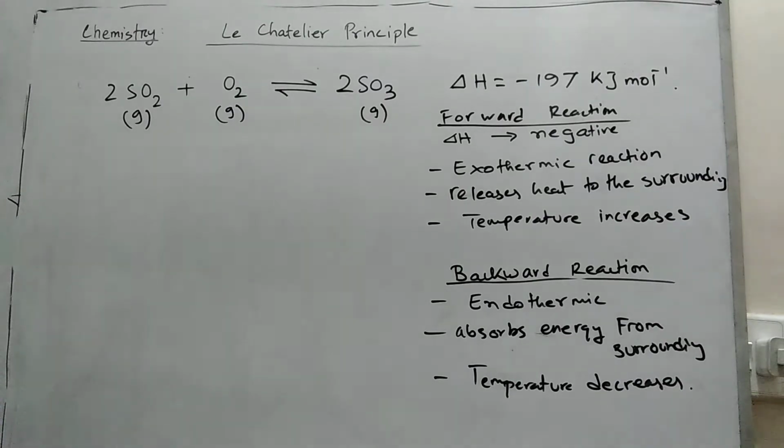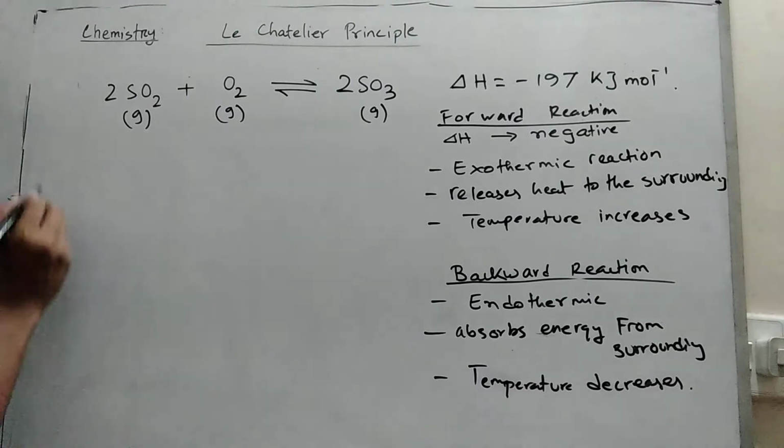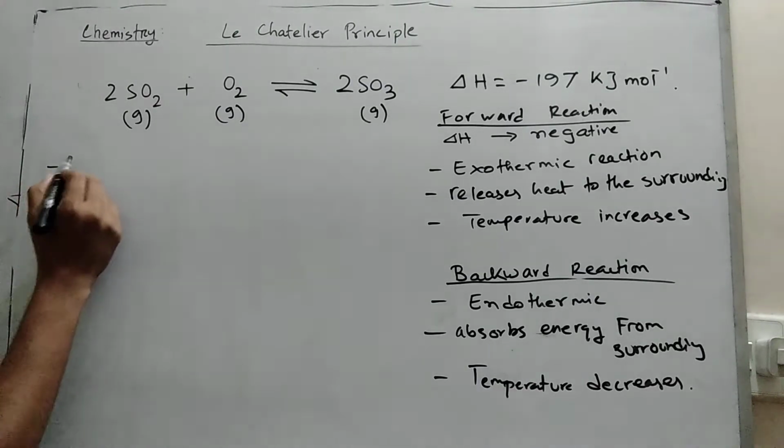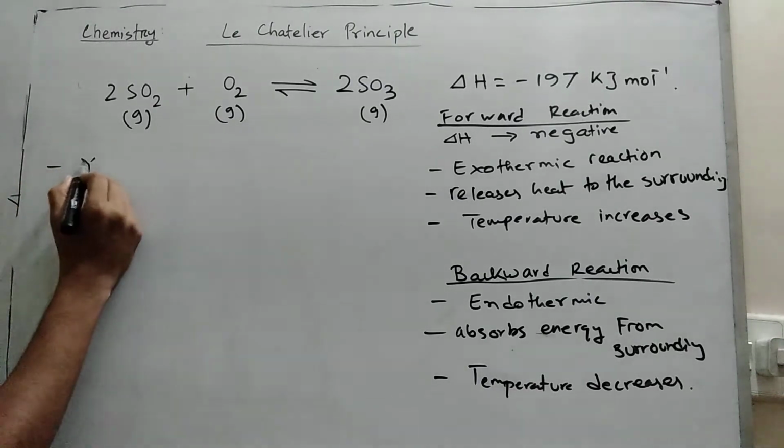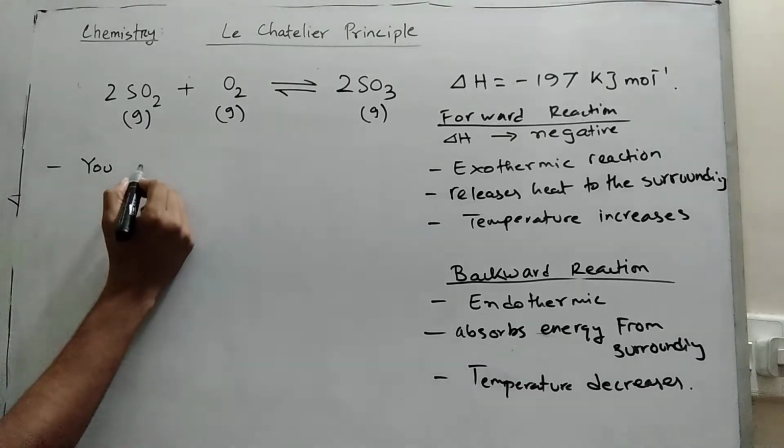So, we have analyzed the equation. Now we will bring a change. Let's say this system is now in dynamic equilibrium, and now you bring a change. The change that you have brought is, let's say you decrease the temperature.